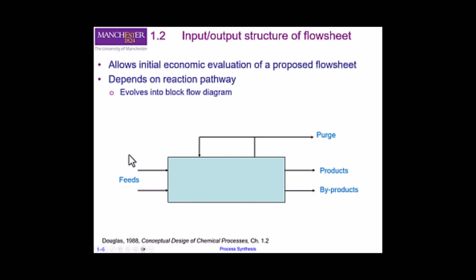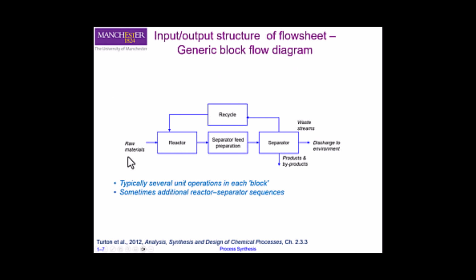So from this input-output structure, we can construct our first flow sheet structure, what we call a block flow diagram. And as I said in my first lecture, these are basic diagrams that we use to provide a bigger picture of our process, where we look at different processing steps without going into the detail of what and how we are going to achieve that step.